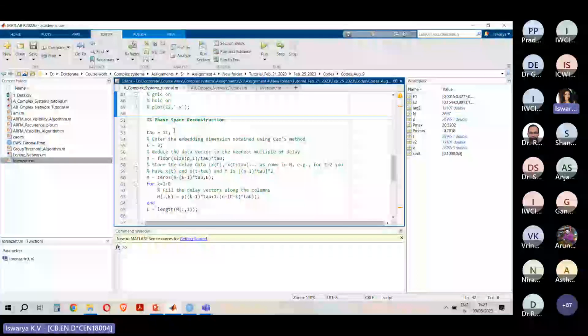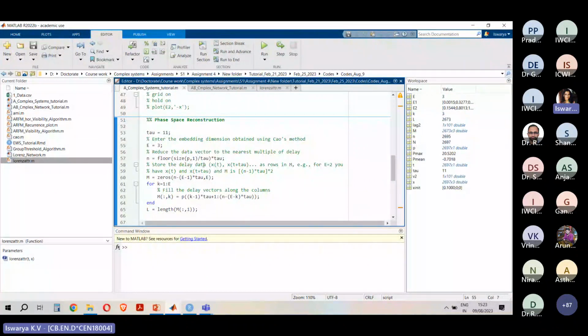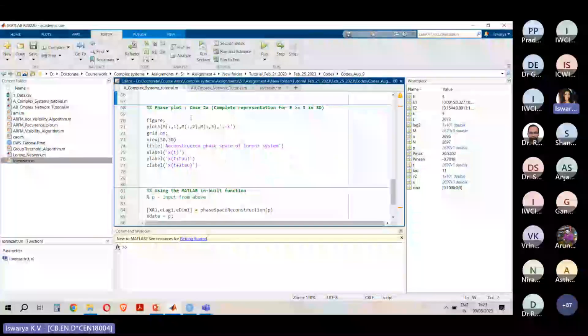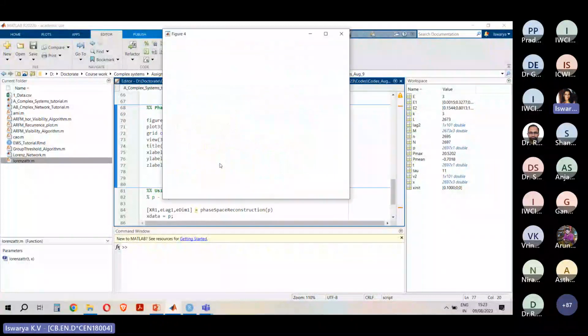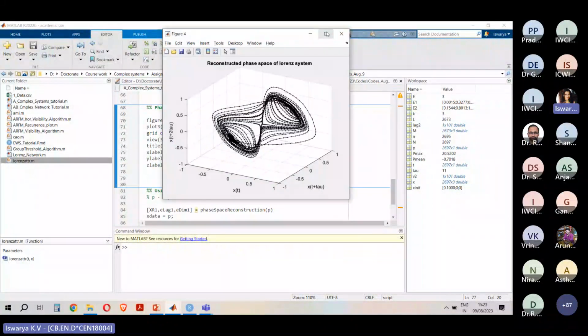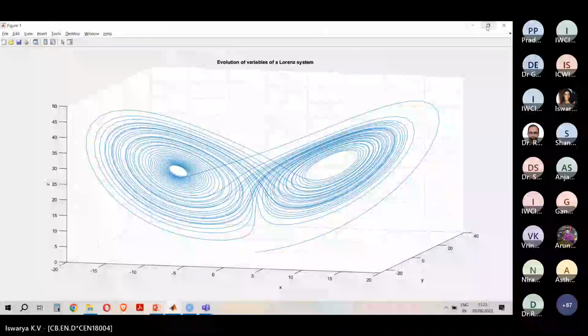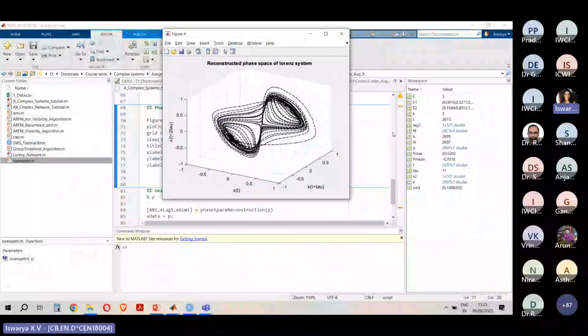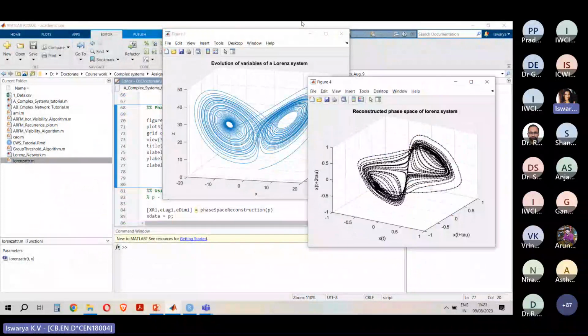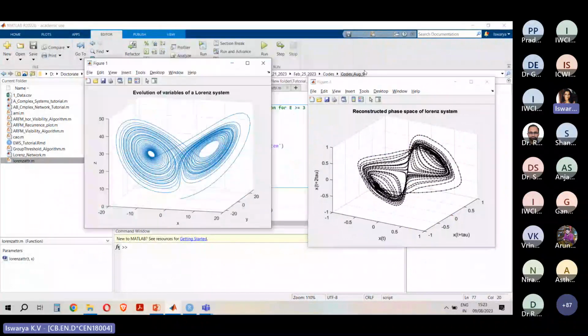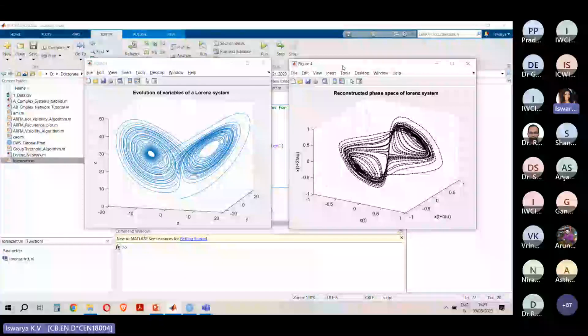The tau will be 11, and the embedding dimension will be 3. We create delay vectors, and then we recreate the phase space using these delay embedded vectors. So this is the reconstructed phase space, which we say is topologically equivalent to the phase space that is created when using the differential equations of the system.